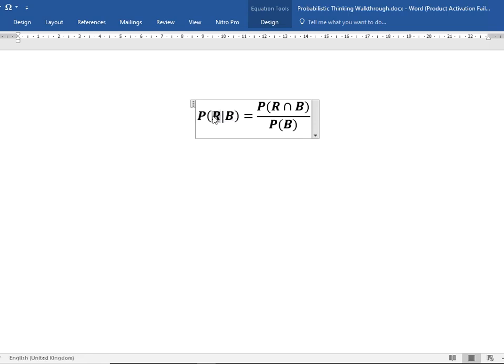So the events are given a knowledge of the occurrence of the event B. So this probability is the probability that R would occur given that B has occurred. Not just given that B has occurred, but given that we know that B has occurred. Because sometimes a lot of things that have occurred can change our degree of belief in certain events. But because we don't know them, all right, we still remain on our prior probabilities.